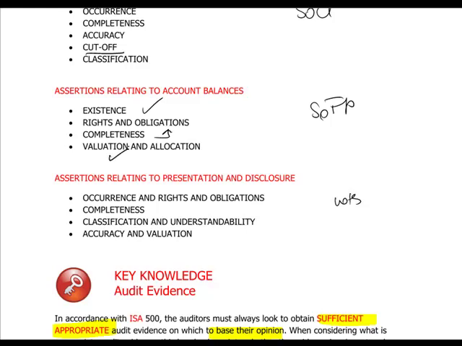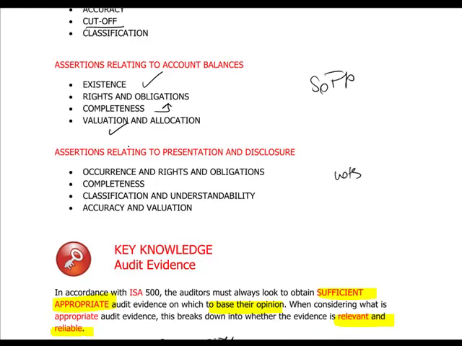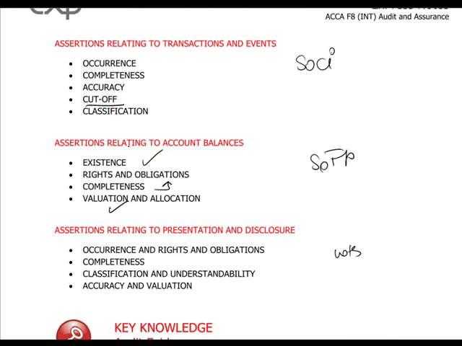For example, valuation: inventory, receivables, other kinds of assets are valued according to the relevant standards. And for presentation and disclosure: occurrence, rights and obligations, completeness, classification, understandability, accuracy and valuation. As the presentation and disclosure mainly relates to the other elements above, the assertions kind of repeat themselves because they are just the explanation of those figures.